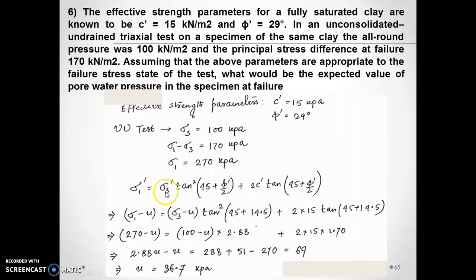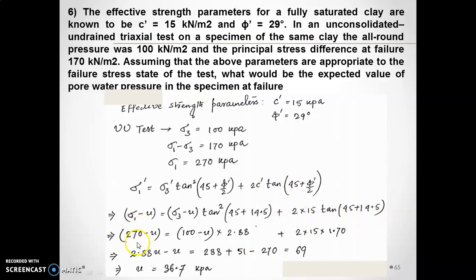Similarly, sigma 3' is sigma 3 minus u, into tan square alpha, where alpha is 45 plus phi'/2. So, here phi' is given, that is 29, and 29 divided by 2 is 14.5. Plus 2 into c', which is 15 as given, into tan (45 plus phi'/2).